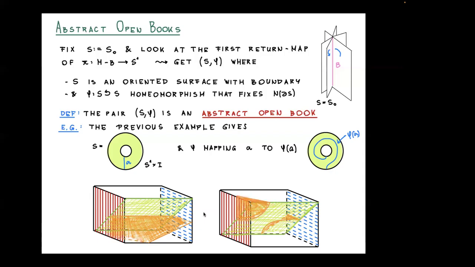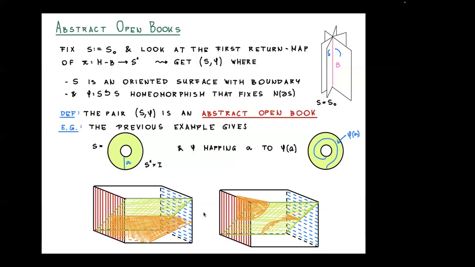So what I drew is a disk, or rather a rectangle, embedded with the given boundary conditions, and I have no choice in how I'm doing it. This is forced by how the fibration goes.